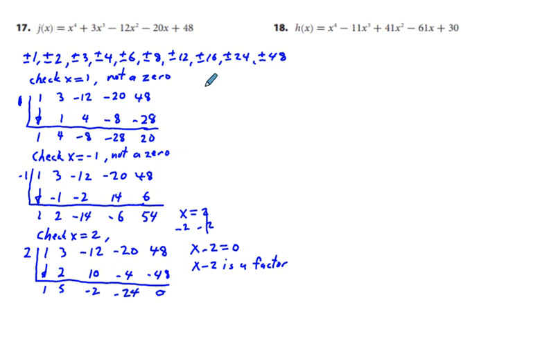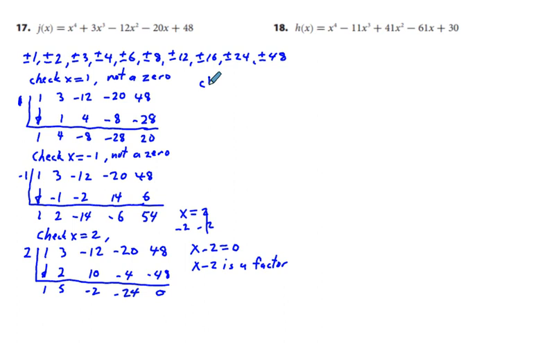Okay, now I'm going to come up here again. In this case, we're going to check x minus 2, or x equals 2. So check x equals 2. Erase that.